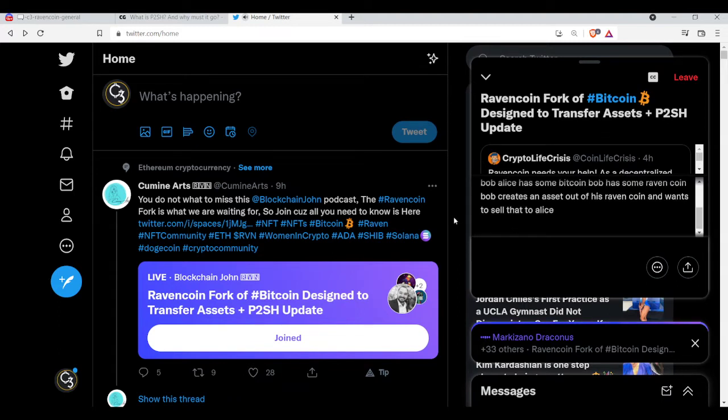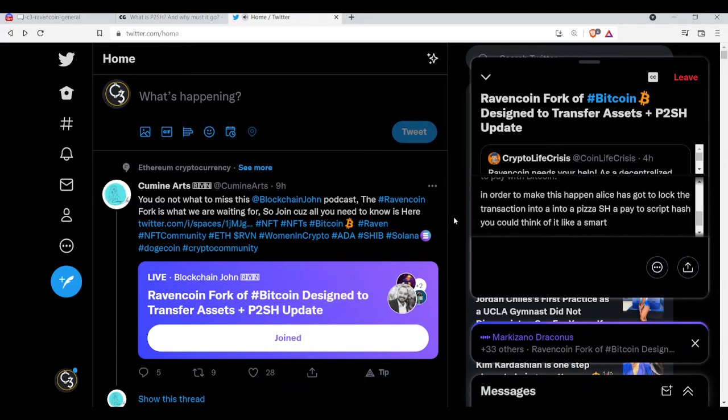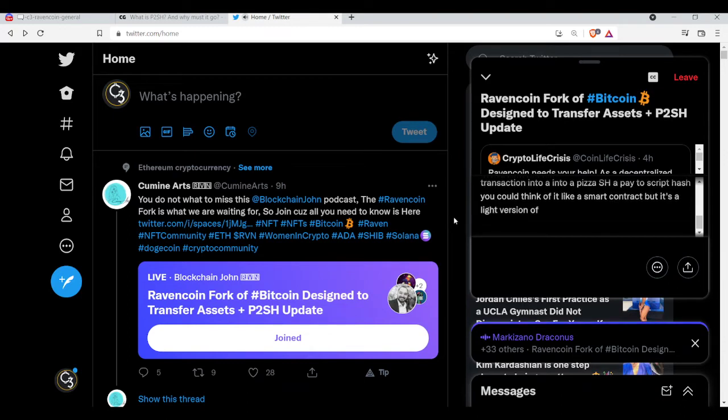You could think of it like a smart contract, but it's a light version of it. It's not fully programmable like a smart contract, where you can do anything with it, including interfacing with an oracle or dealing with other advanced technologies. It's more like a simplified smart contract. So Alice will take her Bitcoin and lock it into this script and use it to pay for what Bob has in Ravencoin.